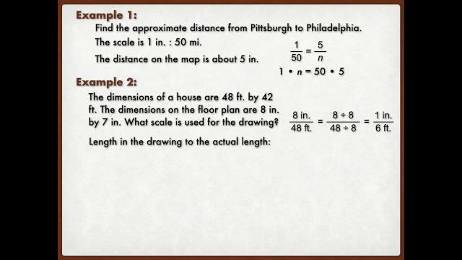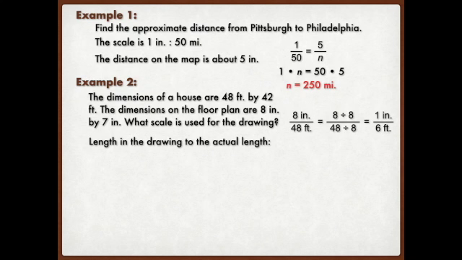That would not be a fraction. That is a comparison. Here we have the dimensions of the floor plan of 8 inches by 7 inches. So what I need to do is compare 48 with 8 and then 42 with 7. Okay, so let's see how we do here.